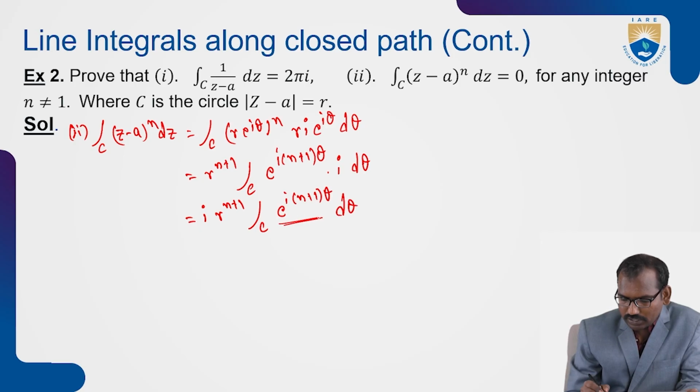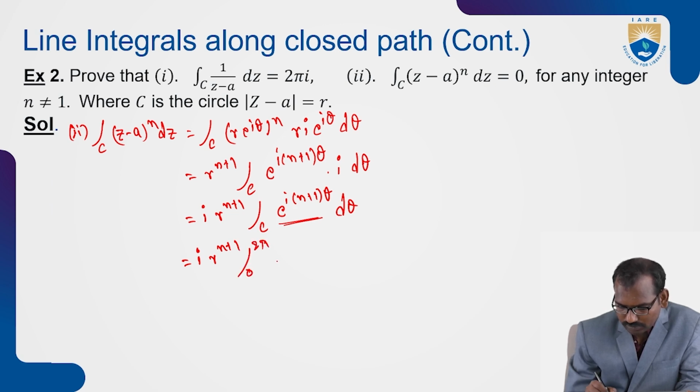Now, the integrand comes in terms of theta. Along curve C, how is theta varying? It is varying from 0 to 2 pi. So i times r power n plus 1, their integration from 0 to 2 pi of e power i times (n plus 1) times theta d theta.